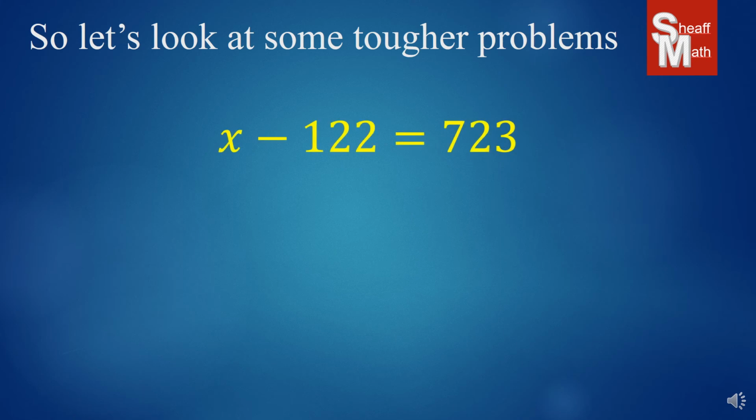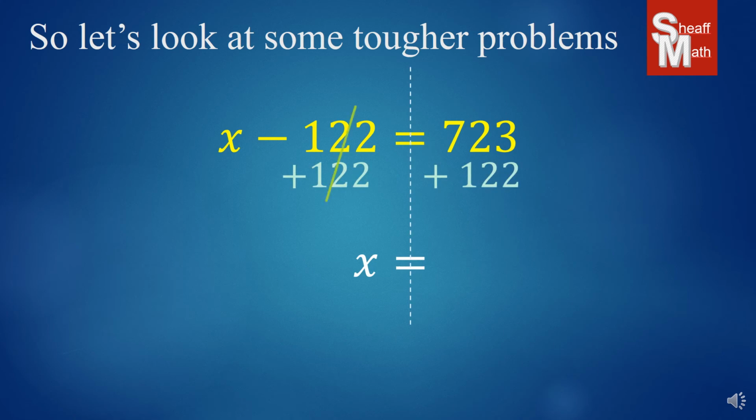Sometimes we have large numbers like this that there's no way you can do in your head. We want to add 122 to both sides to undo that negative 122, and we're left with x equals 845.